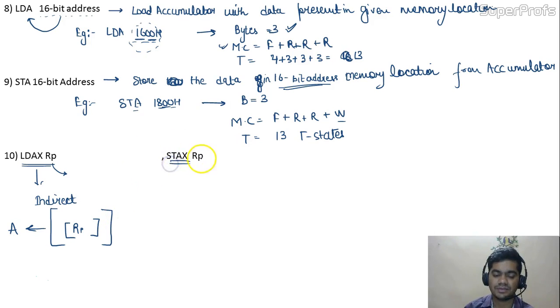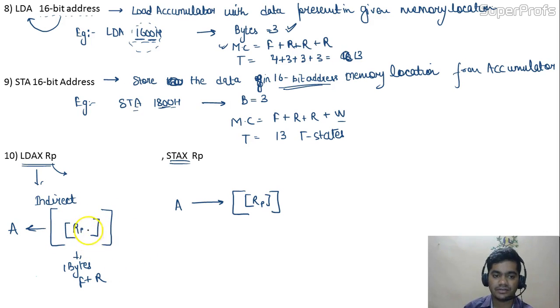Similarly, STAX would be the opposite operation of LDAX. As we can see, it is a 1-byte operation, and the machine cycles are fetch to fetch the opcode, and second would be read, so that it can read the content from the memory.